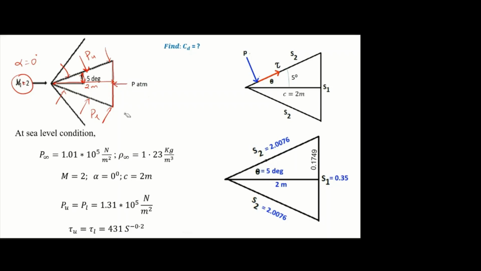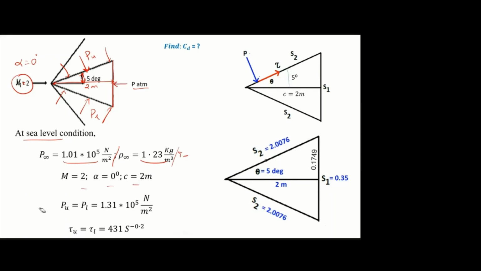They mentioned the model is at sea level condition, so we can take the atmospheric value as 1.0 into 10 power 5 Newton per meter square, density 1.225, and temperature and everything else at sea level condition.